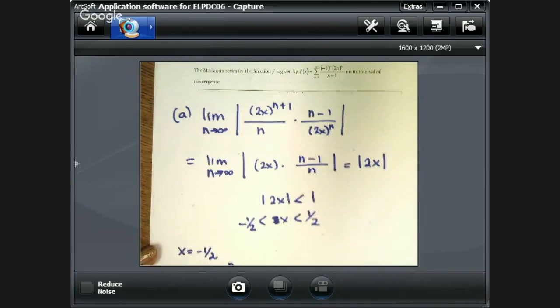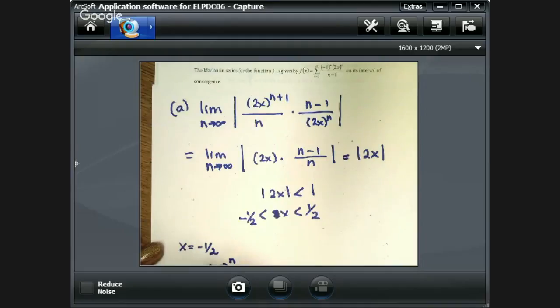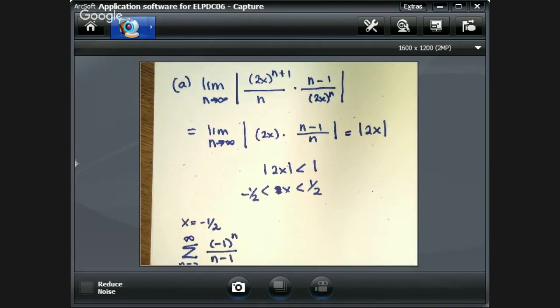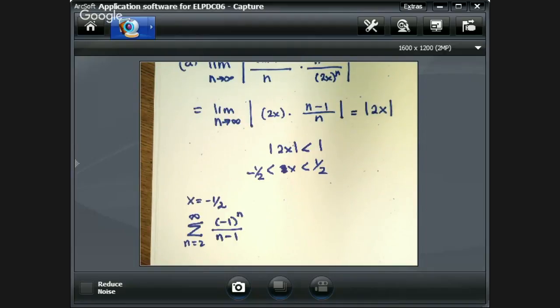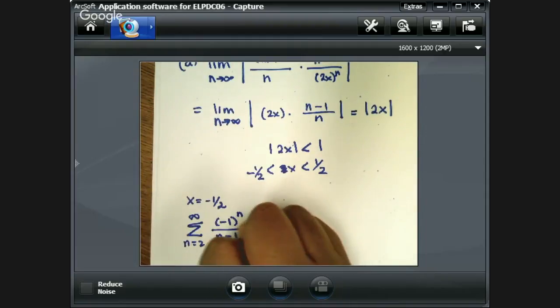If I remember this correctly, this is from n goes from 2 to infinity, so it starts at 2. Now, it may not be obvious in the beginning what kind of series this is. If you don't know right off the top of your head, you could always plug some numbers in. So -1 squared is 1 divided by 2 minus 1, which is 1. So the first term is 1.